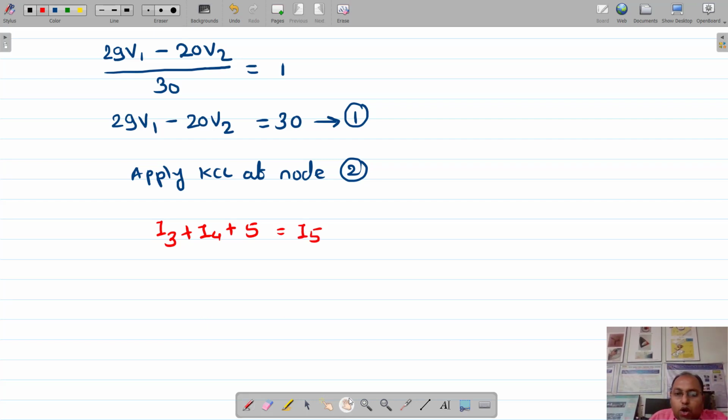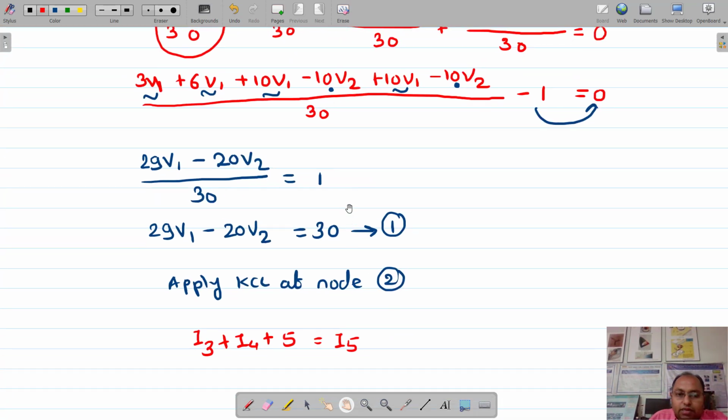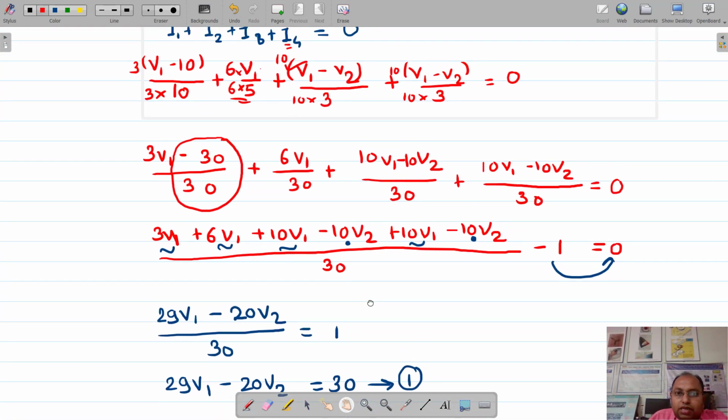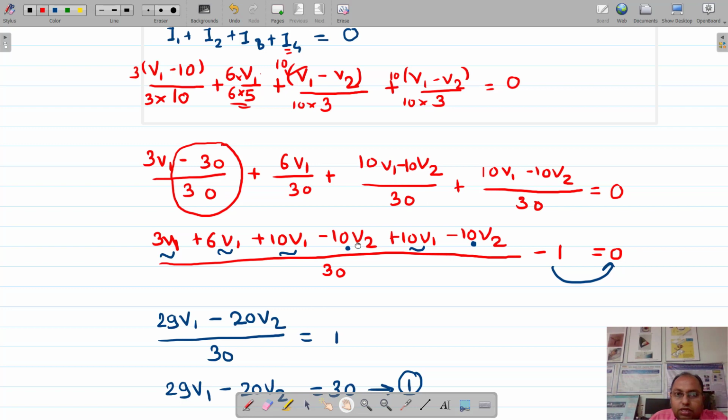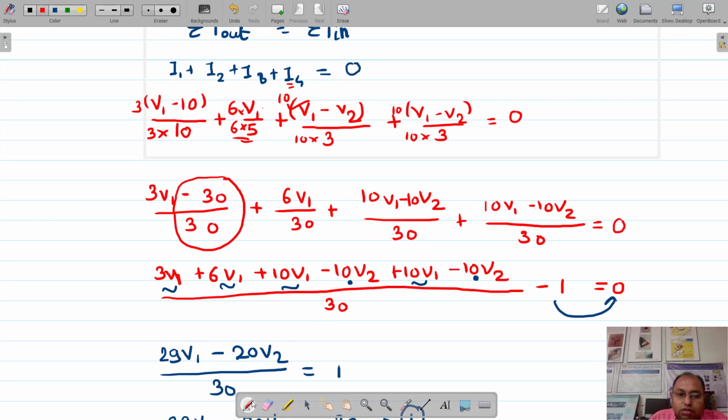Great. So we have already found out I3 and I4, isn't it? I3 and I4 were over here. So I3 and I4 we have already used. So this was your I3, right? And this is I4, right? So we can directly use it. Is that fine? Okay. So let us use it.